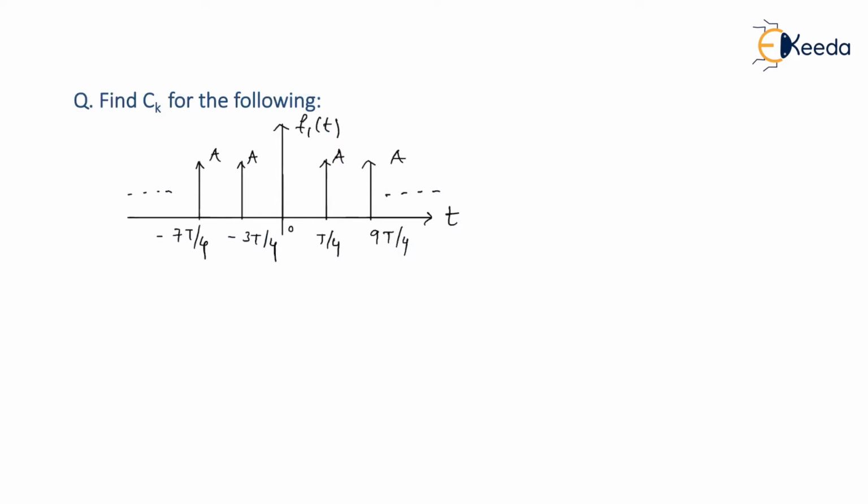So question number 1 says that find ck for the following. So this kind of signal we have already studied in the last video lecture. But let me remind you that signal was a bit different. That was also a periodic impulse function, and this is also a periodic impulse function. So what we studied in the last video lecture, let me remind you.